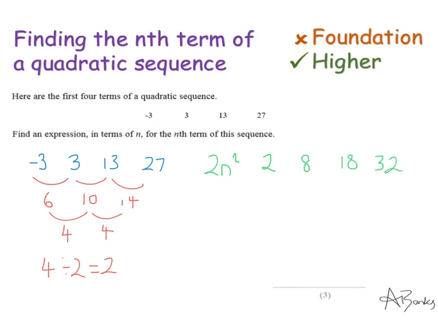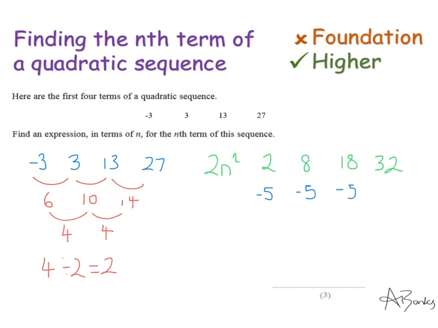So this, my quadratic sequence, is made up of the 2n squared sequence and some linear sequence. So again, writing out the difference from my 2n squared to the quadratic sequence, from 2 to minus 3 is minus 5. From 8 to minus 3 is minus 5. From 18 to 13 is minus 5.